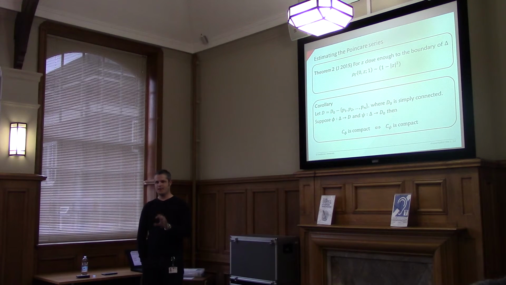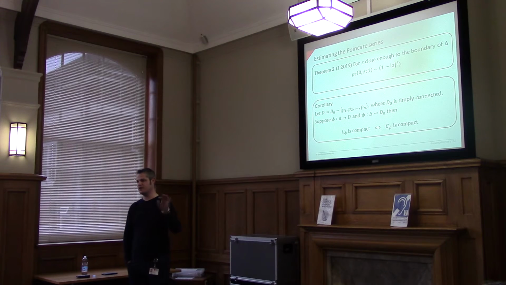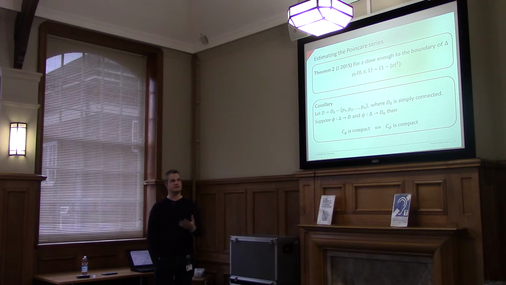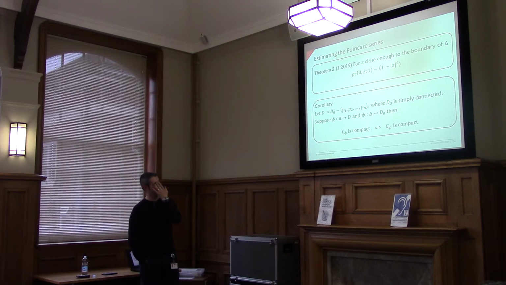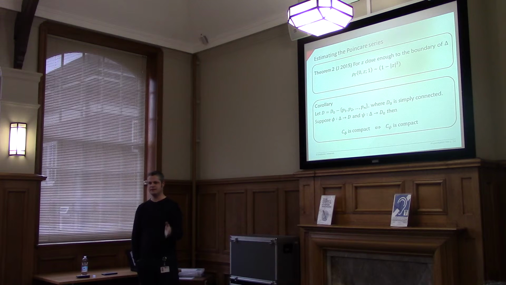Unfortunately, the final result is a bit of an anticlimax. It turns out that if you take a simply connected domain and remove n points from it, so that's your standard multiply connected domain, and suppose phi is your function mapping the disk to the multiply connected domain, and psi is the function mapping the disk to your simply connected domain, then C phi is compact if and only if C psi is.